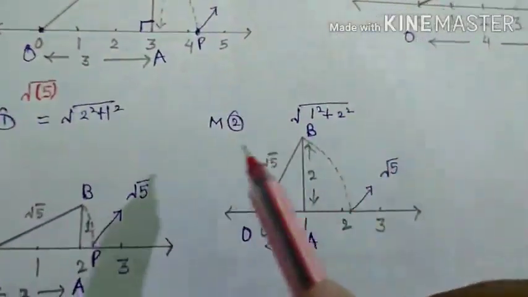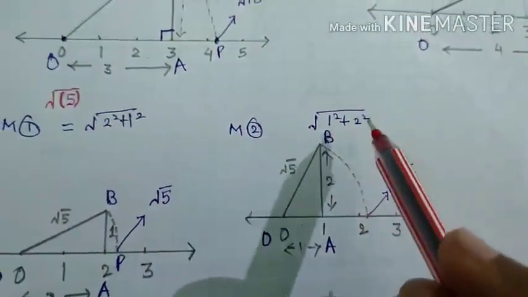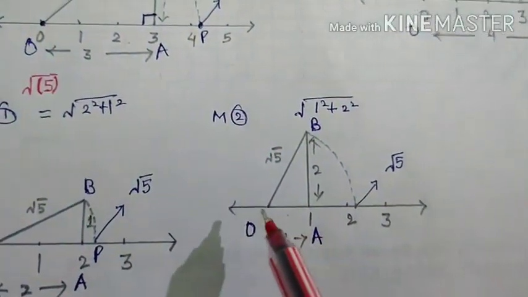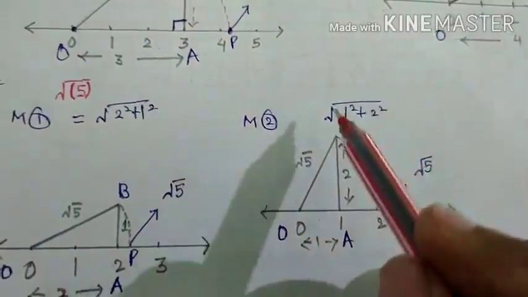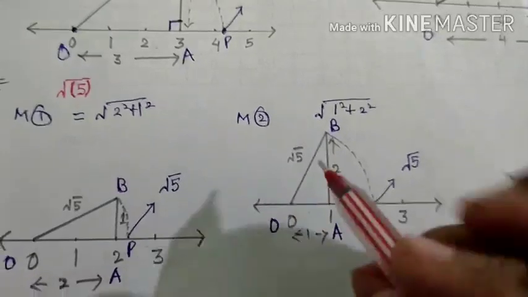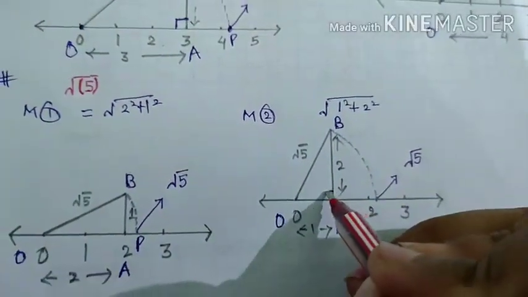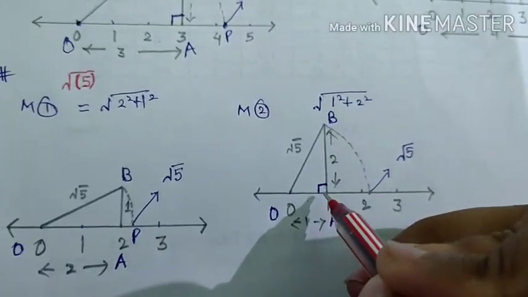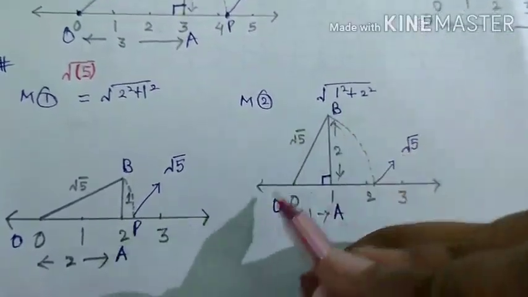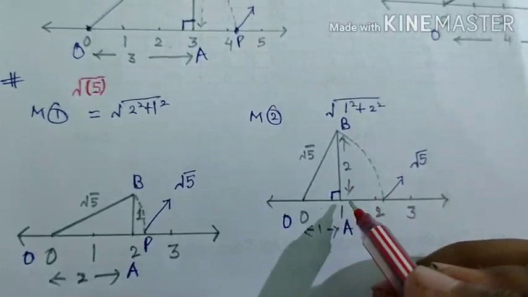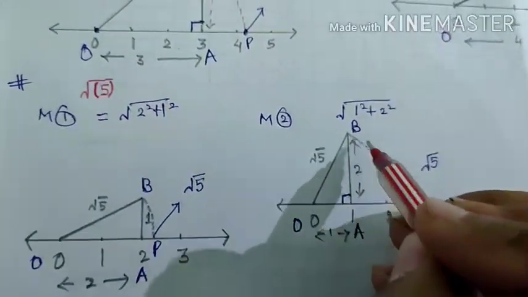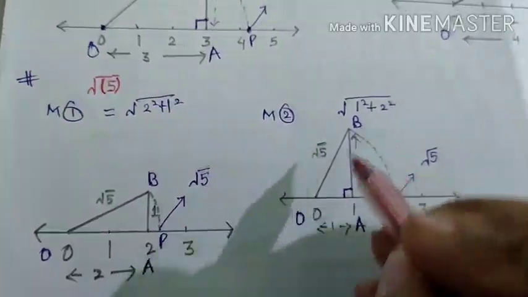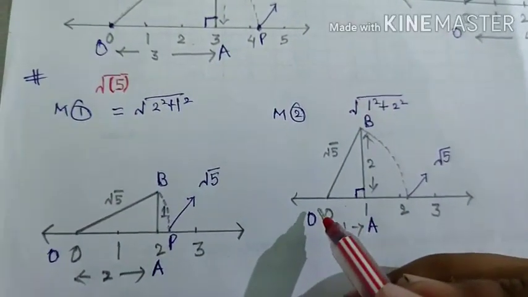Similarly, root of 1 square plus 2 square. Now, first of all, we'll make a perpendicular at point 1, 2 centimeter perpendicular, OB, and you will draw an arc once again taking OB as radius and O as center.